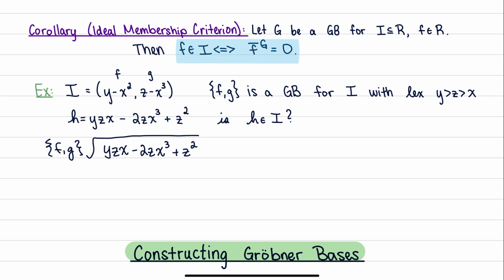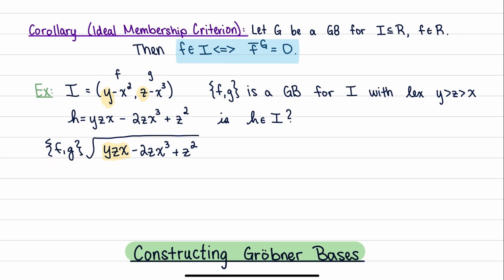I just care which term has more y's in it, and that is this first term. And then if I look at g, which term has more y's? Neither of them have any y's, so I move on to z. Which term has more z's? This one. And then I look at h, and its leading term is going to be this one with the y in it.